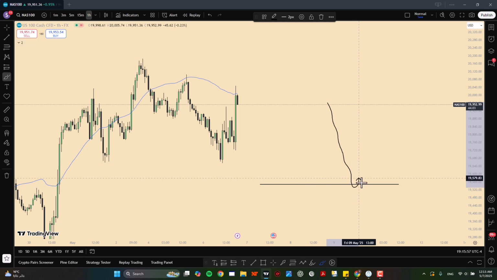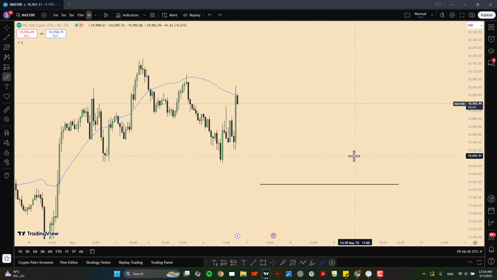A reaction can be consolidation, it can be rejecting and then continuing, it can be a reversal. But a lot of times, and this happens a lot, when price takes a certain high or a certain low, it will make a reaction.